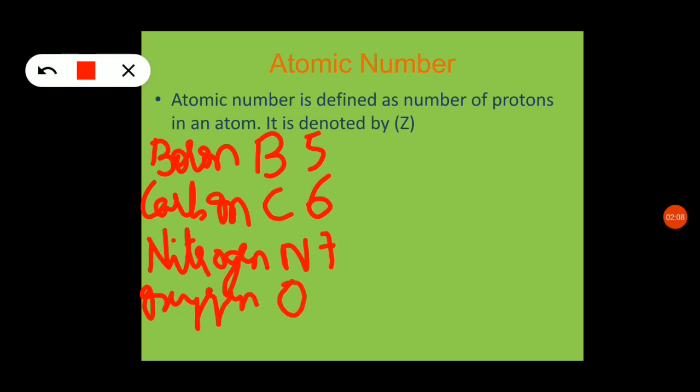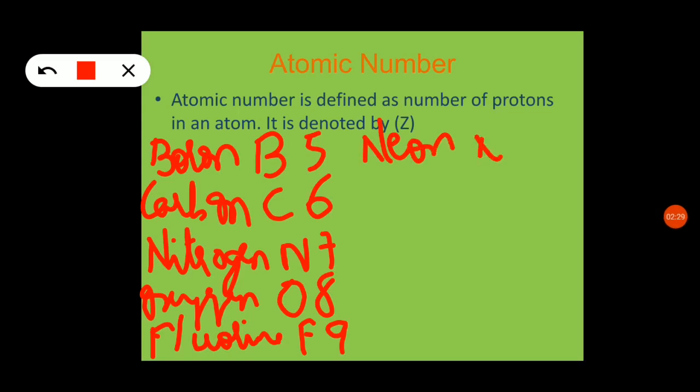Oxygen symbol is O and the atomic number is 8. Next we have fluorine. The symbol is F and the atomic number is 9. Next we have neon. Neon symbol is Ne and the atomic number is 10.